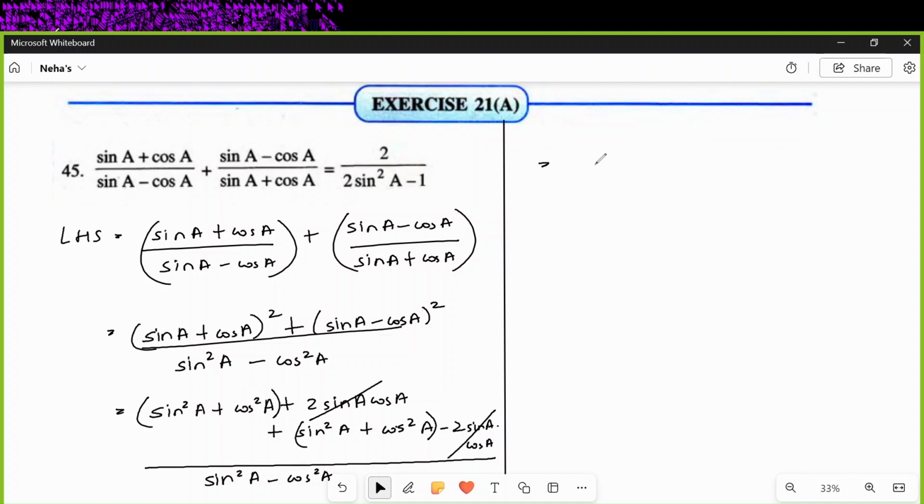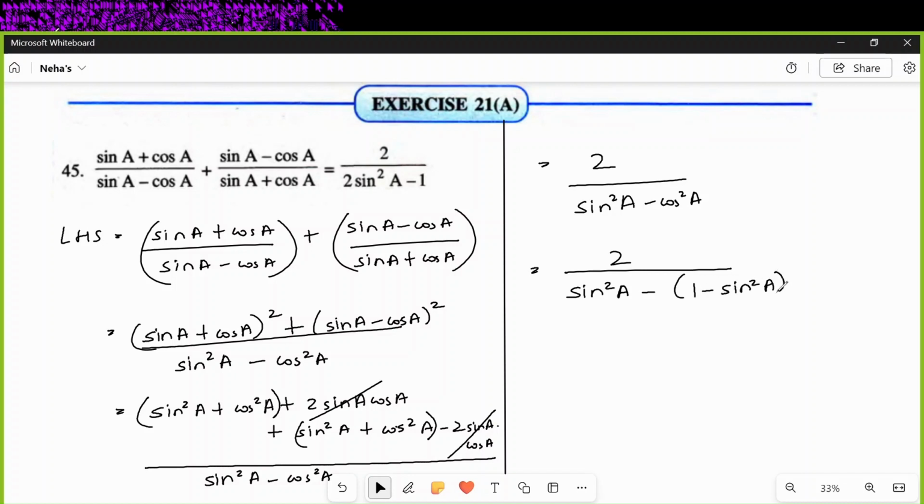So 1 plus 1 will give us 2, and 2 divided by sin square a minus cos square a are the terms now. Now we will try to remove the cos square a in the denominator because we want 1 over here. So this can be written as sin square a minus 1 minus sin square a in place of cos square a, because sin square theta plus cos square theta is equal to 1.